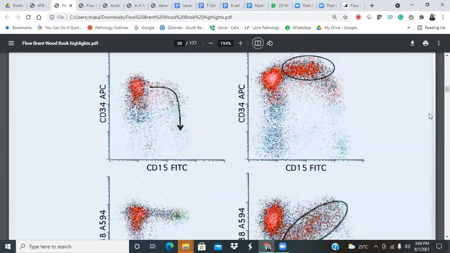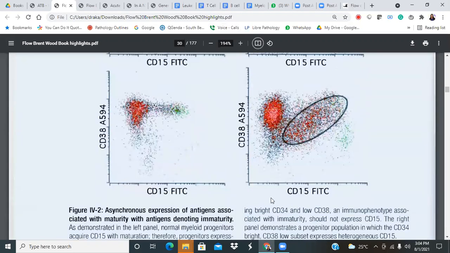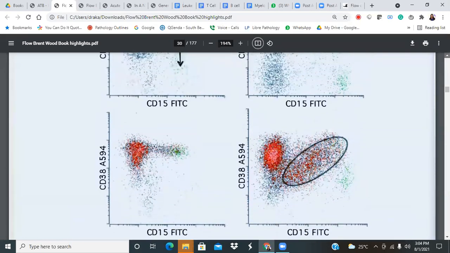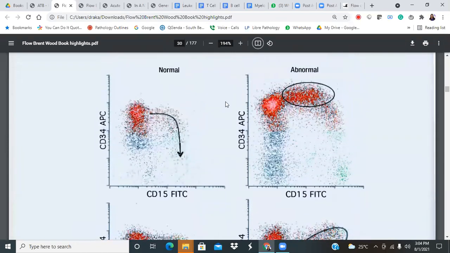So they are showing over here the normal maturation pattern and the abnormal maturation pattern. So basically the asynchronous pattern of antigens associated with maturity in the MDS that they are showing. They are showing the abnormal and normal.